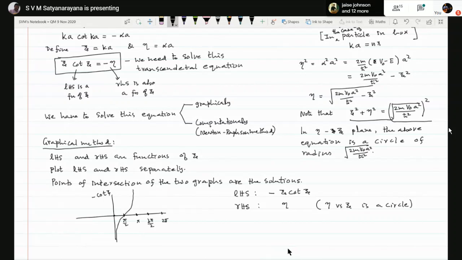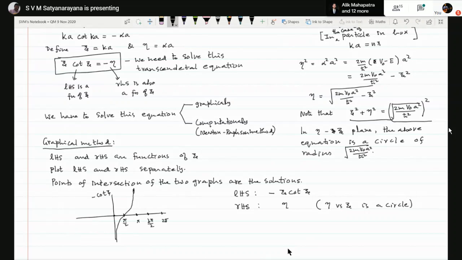At pi minus, it will exactly go to plus infinity like this. And then it repeats at 3 pi by 2, again it will be 0, and it repeats like that. But let me not draw the other things.